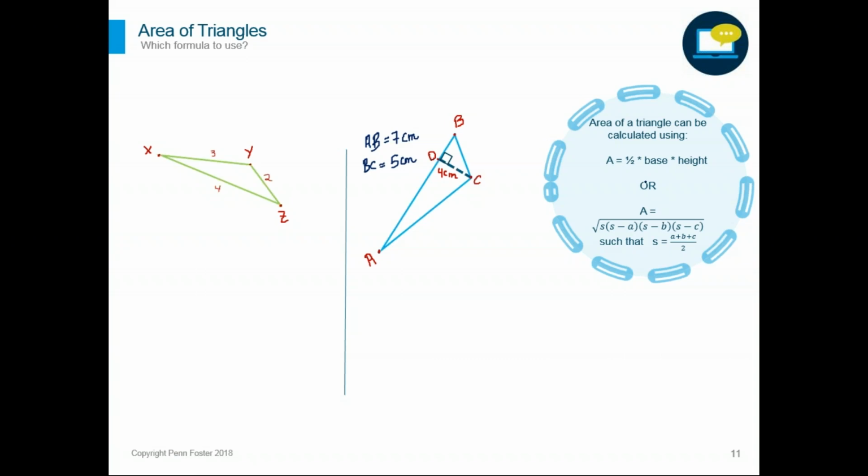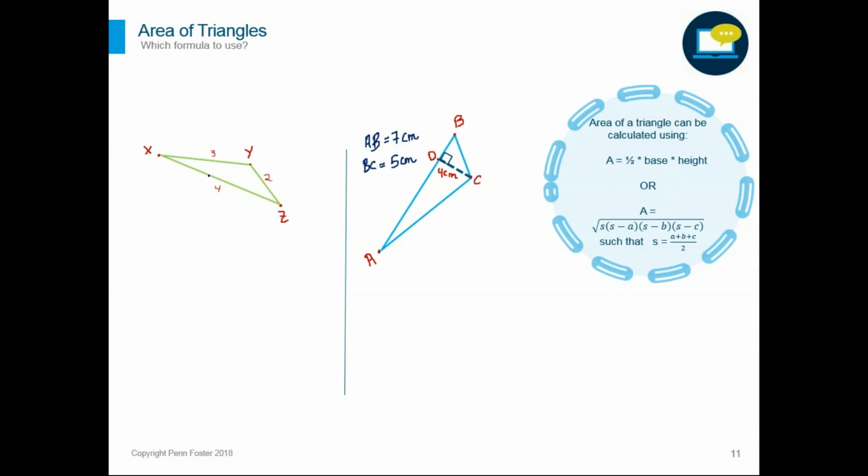Or there is a more complicated formula where you're not given the height of a triangle, but you're given the length for all three sides of the triangle. So you determine which formula you need to use based on the givens in each triangle.